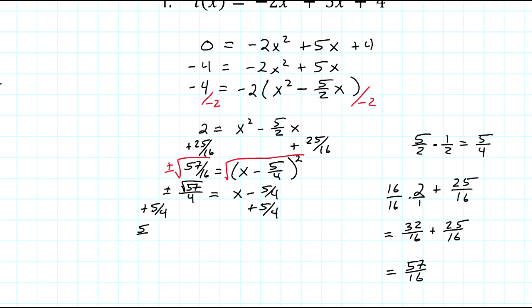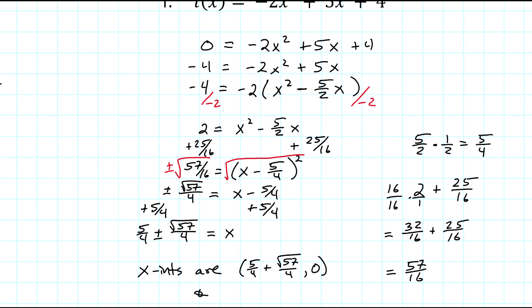And we'll have 5/4 plus or minus the square root of 57/4 equals x. So our x-intercepts are the points 5/4 plus the square root of 57/4, 0, and 5/4 minus the square root of 57/4, 0.